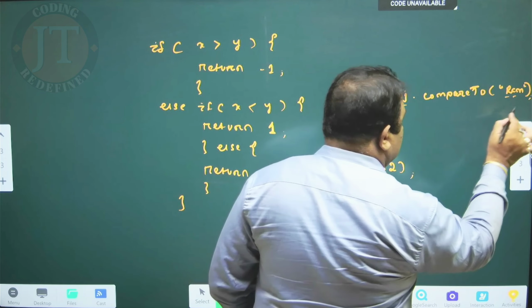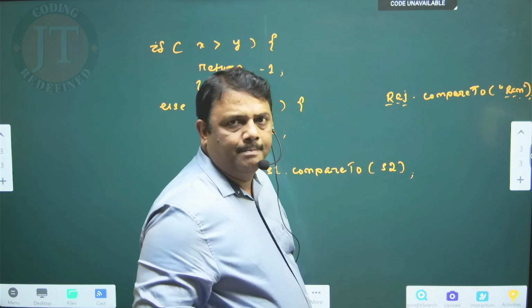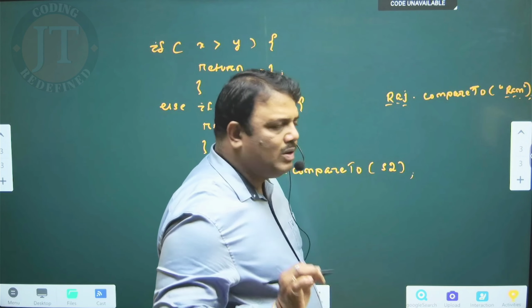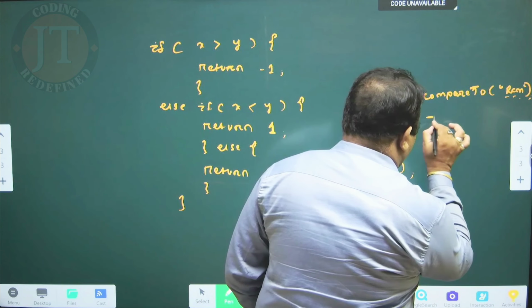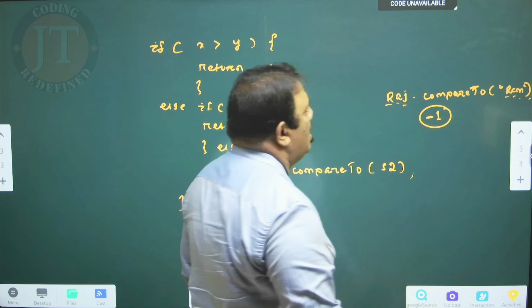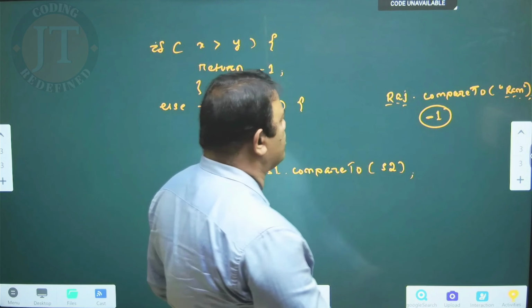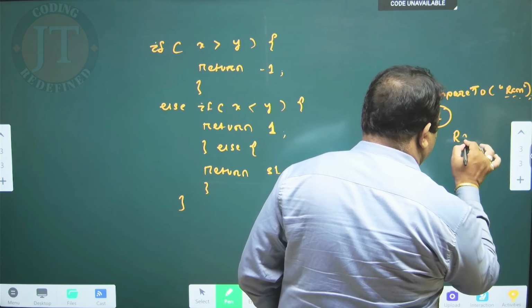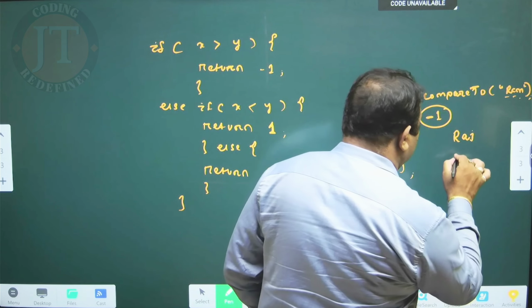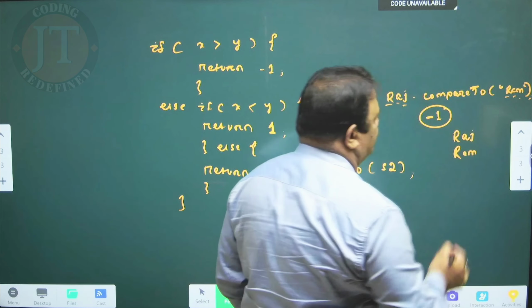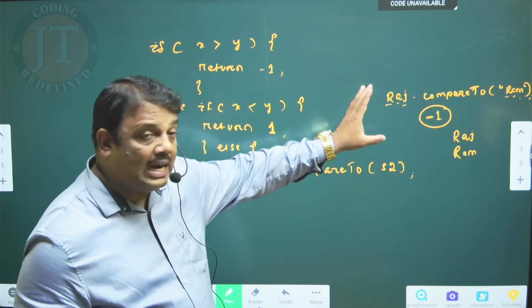But the J ASCII value is less than M. When the J ASCII value is less than M, it returns what? A negative value. When it returns a negative value, who comes first? First comes Raj, then comes Ram. This is the concept that I want to explain.